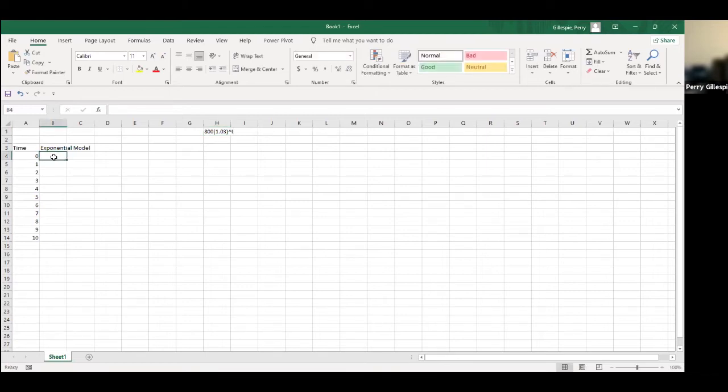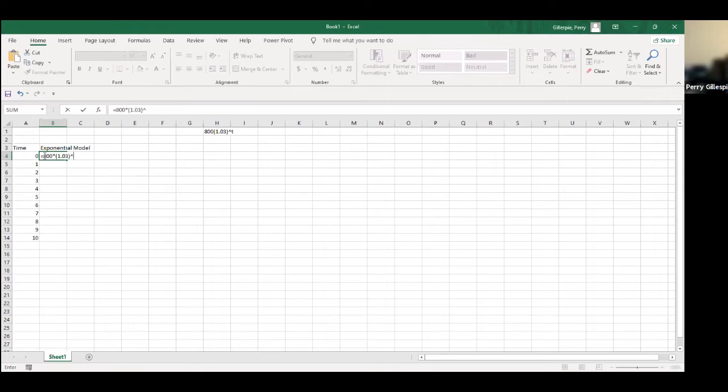So this is how we're going to do it. We're going to say equal 800 times, open parenthesis, 1.03, close parenthesis, caret. Now we want T to start out at 0.